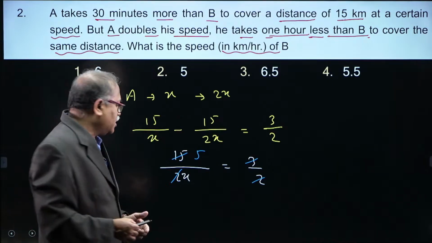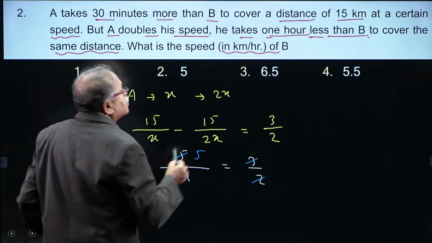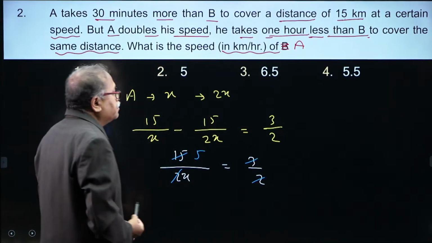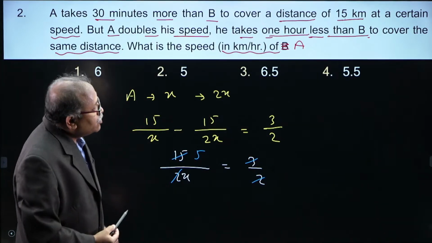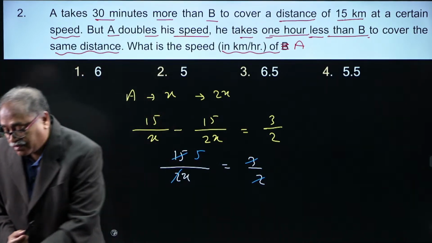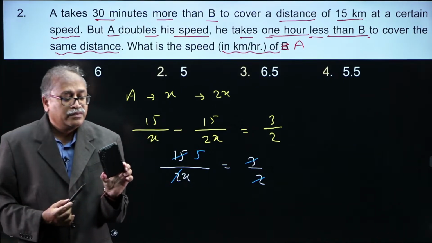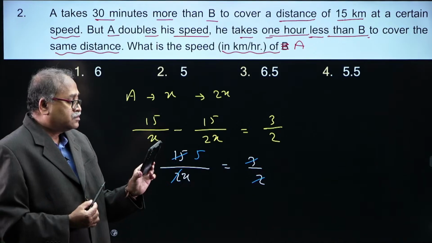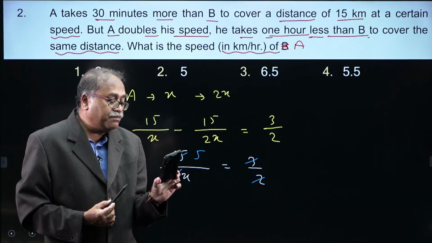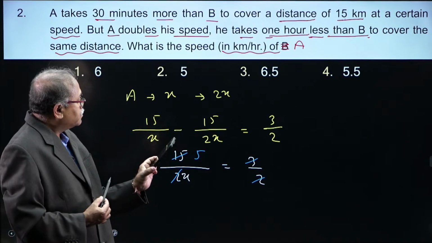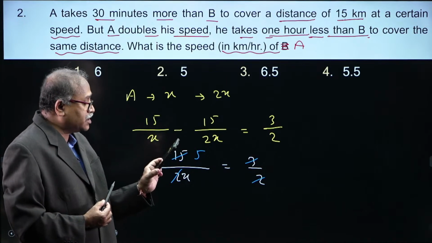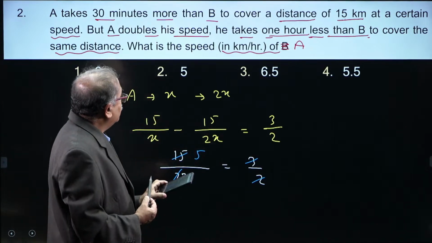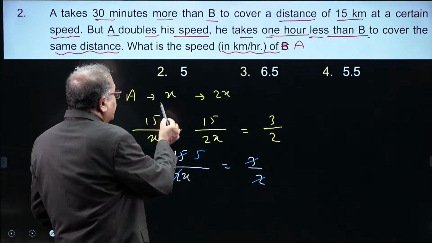No, I think I made a mistake in writing the question. I can only find out the speed of A. What do you think, my friends? Should it be speed of A or speed of B? Once I get the speed of A, I can find out the speed of B also. Can I find out the speed of B?